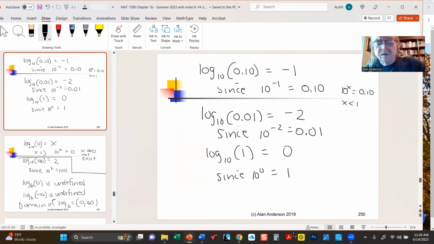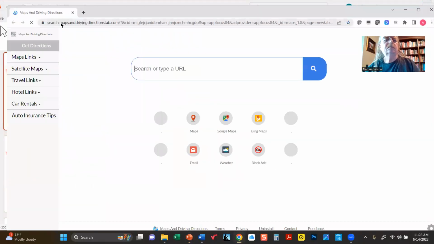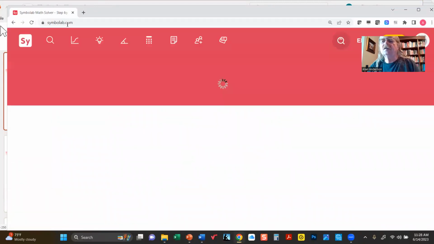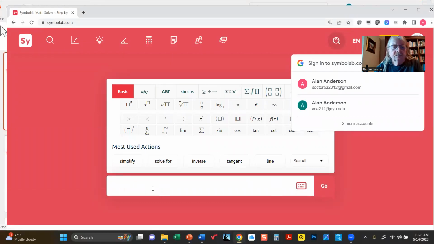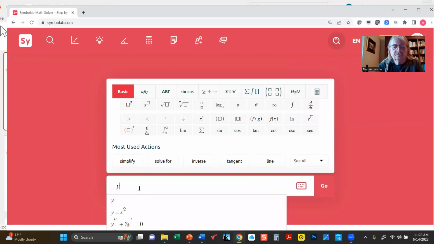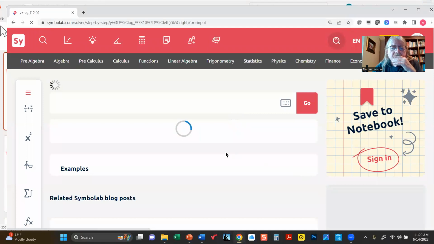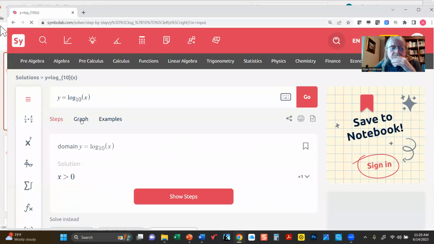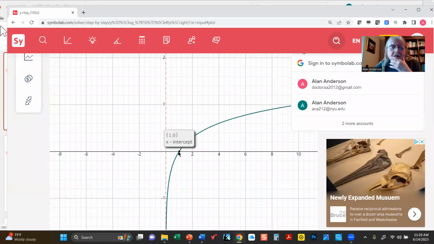Now we can confirm this with Symbolab. I can show you a graph of any logs we need. Let's start, for example, with log base 10. If you can see what's going on here, the function crosses the horizontal axis at 1 comma 0.